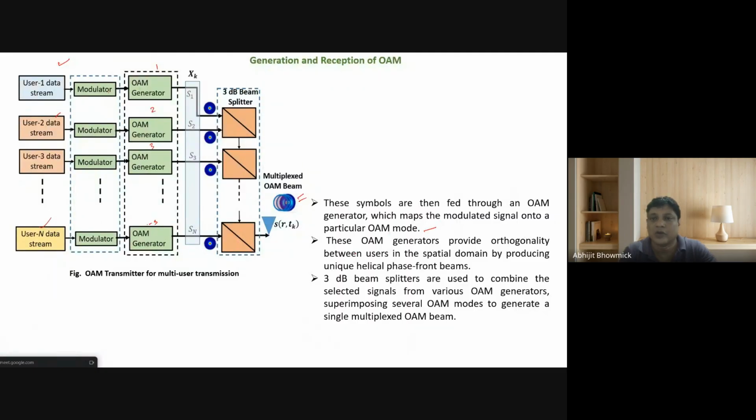These wave generators provide orthogonality between users in the spatial domain by providing unique helical phase front beams, and 3dB beam splitters are used to combine the selected signals from the various wave generators, superimposing several wave modes to generate a single multiplexed beam. This multiplexed beam is transmitted. It is used for multi-user transmission.